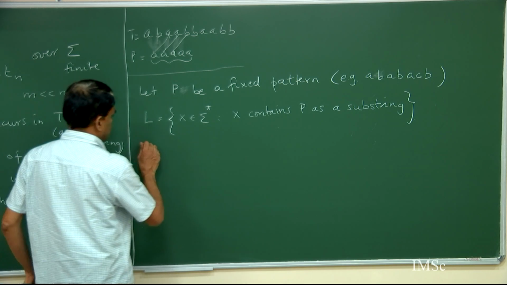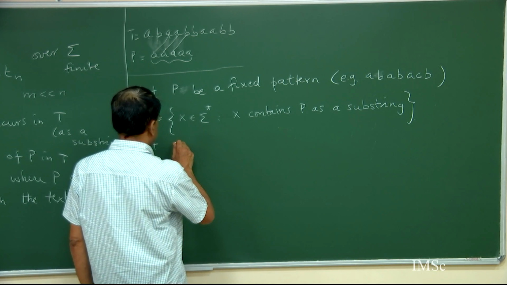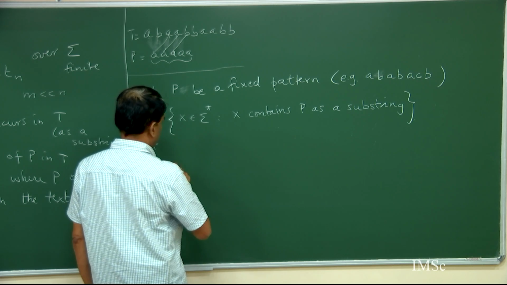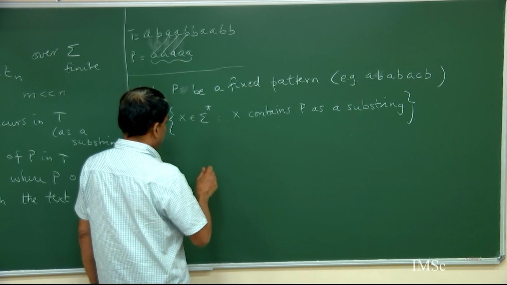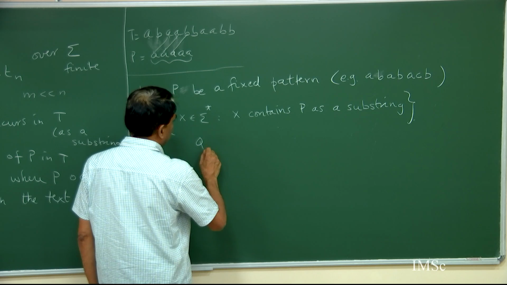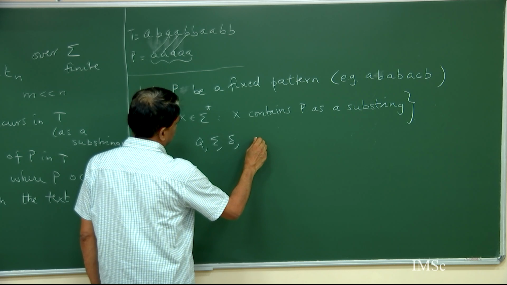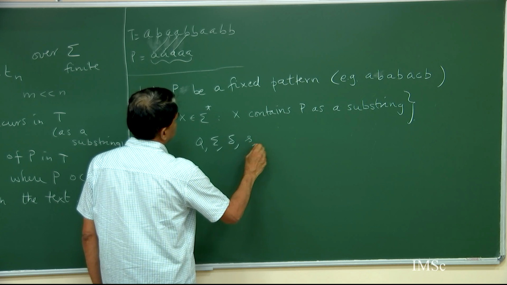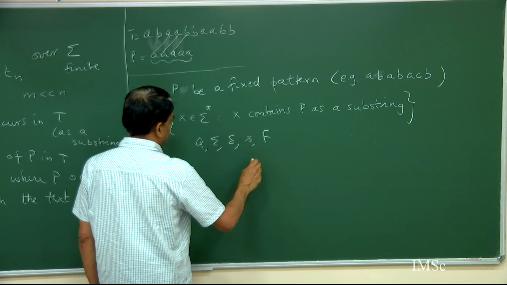So let, yeah, exactly. So how do we, what is the five-tuple? How do you represent a DFA? That I know. Q, sigma, delta, and then your initial state, and let's say the set of final states. Okay.